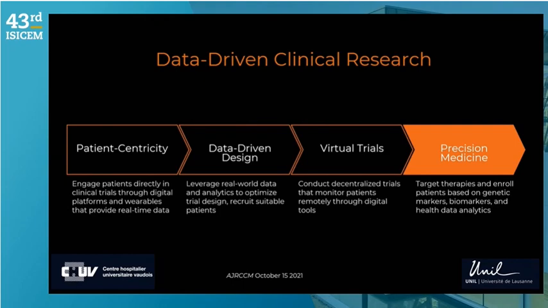And we have seen this morning, and I will give you a few examples of how this can be used, the oxygen targets that can be targeted and can vary in terms of mortality depending on which type of patient you are. And we saw a 6.4 percentage point difference in the absolute mortality. So this can make changes, and it makes a lot of sense in terms of data-driven clinical research.